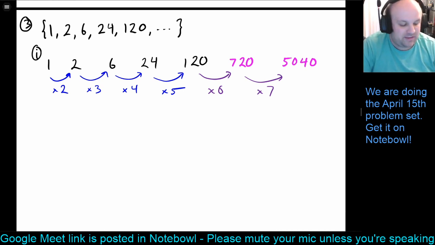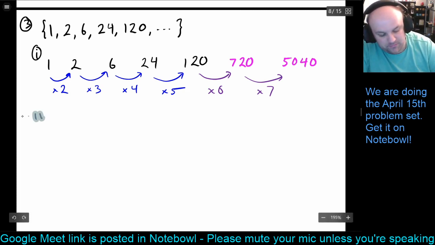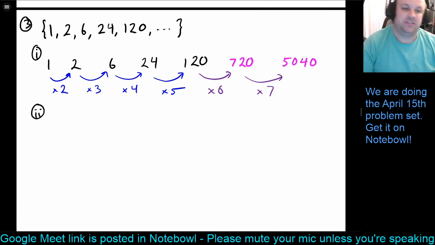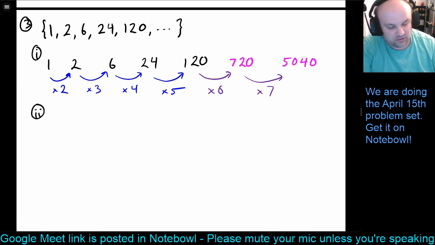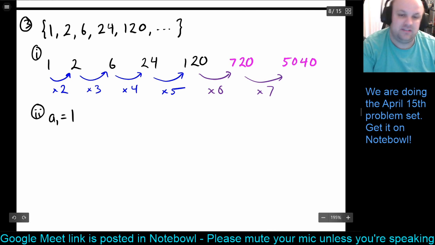So now that we have that, we can start trying to write down the recurrence relation. So our recurrence relation here, this is one where the recurrence relation will make a lot more sense if we sort of start with the seed value. Start with this.